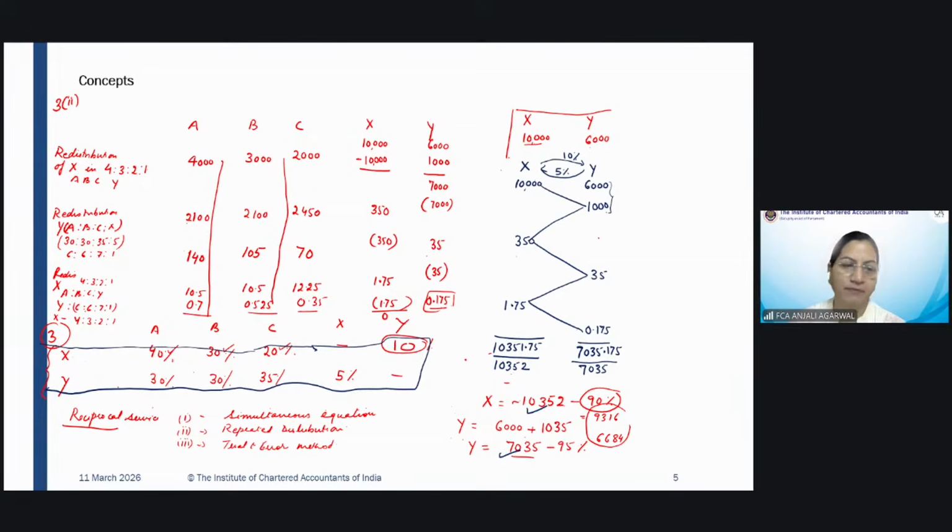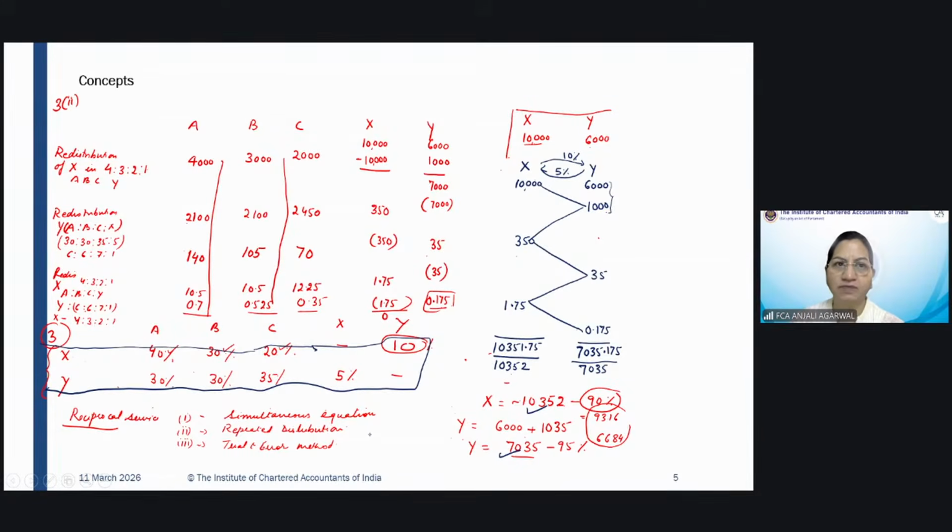And then you have the benefit of one service department going to the other and the benefit of the other service department going to the first. In that case, this is reciprocal services. You can either follow simultaneous equation, repeated distribution, or trial and error.